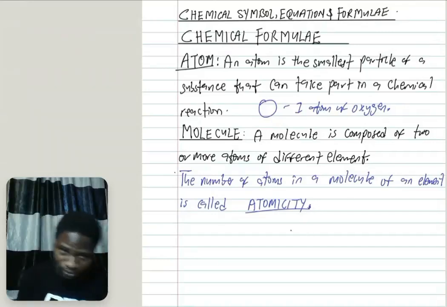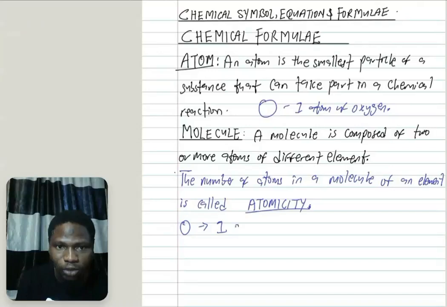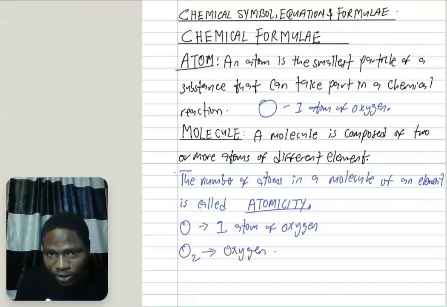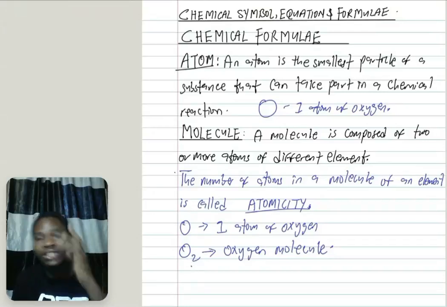Now, pay attention. Remember we said O is one atom of oxygen. Now, if you see a formula like O2, O2 represents an oxygen molecule, or you say one molecule of oxygen. In one molecule of oxygen, I'm having two oxygen atoms.